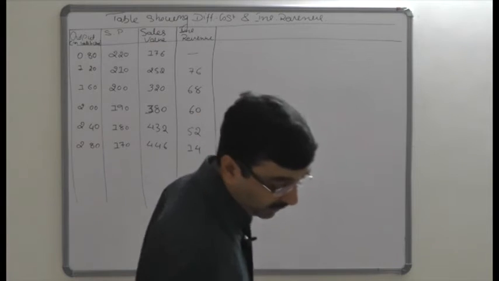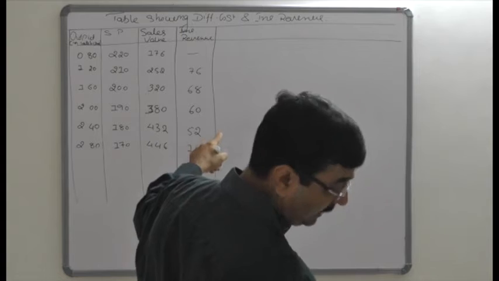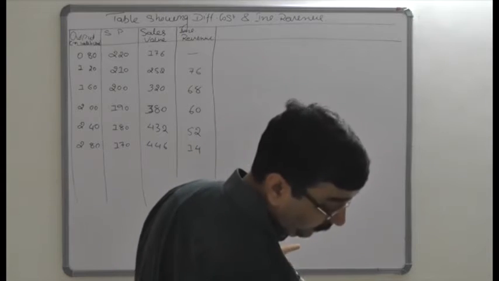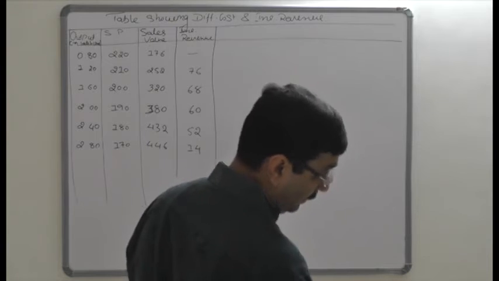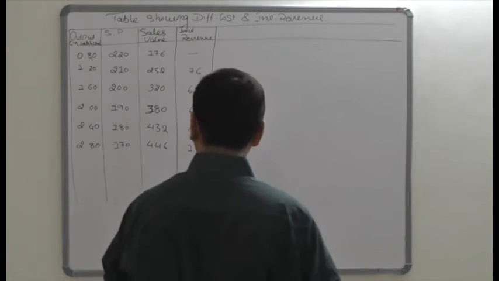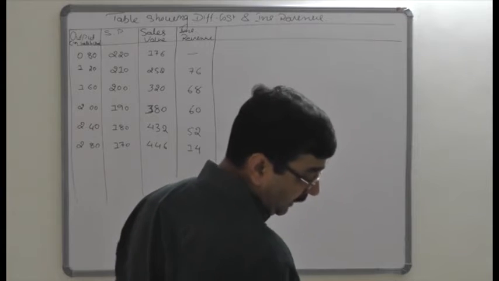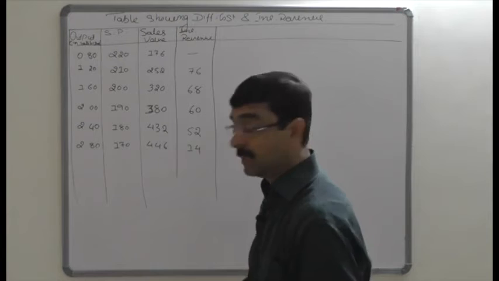Just wanted to confirm whether it is right or wrong. Here 76, then 68, then 60, then 52, and 14. All right. So here we have identified the amount of incremental revenue for the different outputs.